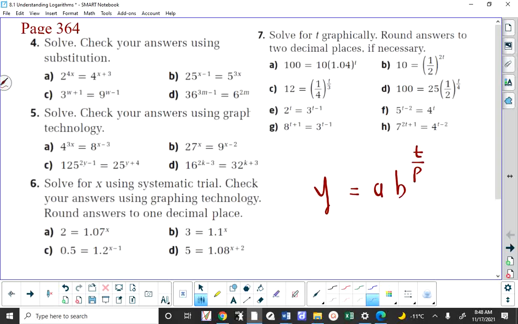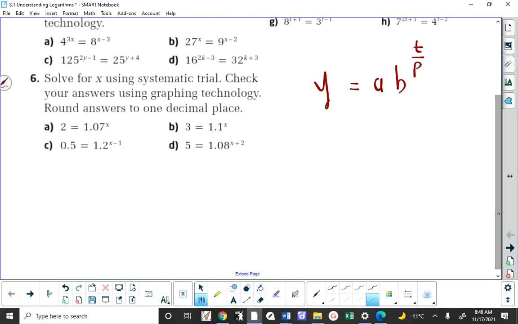So for example, if we take a look at 5a, where we have 4 raised to the 3x is equal to 8 raised to the x minus 3, both 4 and 8 can be expressed in base 2.